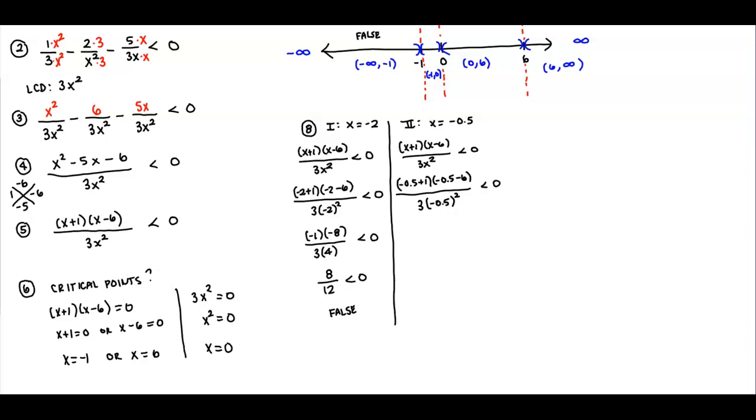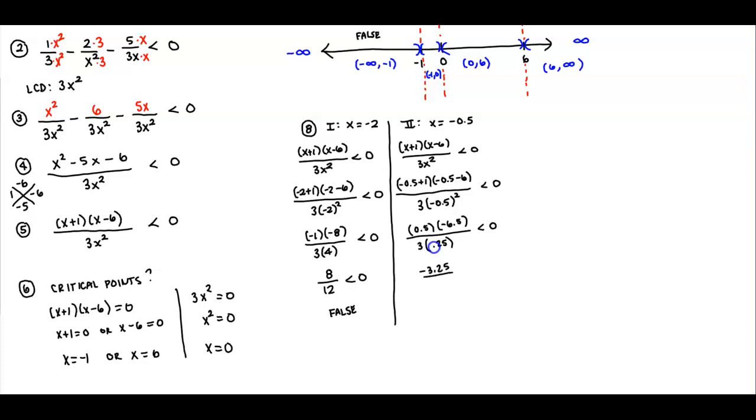-0.5 plus 1 is +0.5. -0.5 minus 6 is -6.5. Then this is 3 times, well, what is -0.5 squared? That gives us 0.25. And what is -6.5 times 0.5? That's going to give us -3.25.